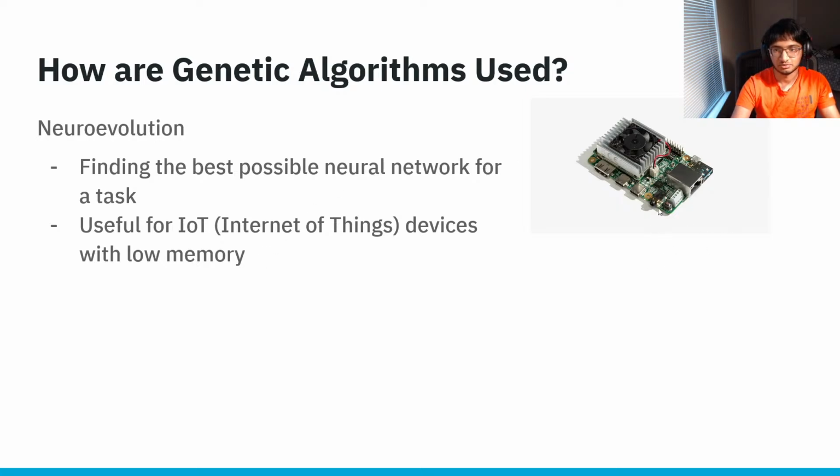Here as a picture I have a Google Coral GPU which is used for tiny IoT devices. The Coral GPU does not have much memory. It has, I think, at most a gigabyte or so, which for a lot of machine learning models is way too small. So with neuroevolution, you basically find variations of neural networks and find the smallest possible one, and you can find a version that maybe could fit onto this tiny little GPU.